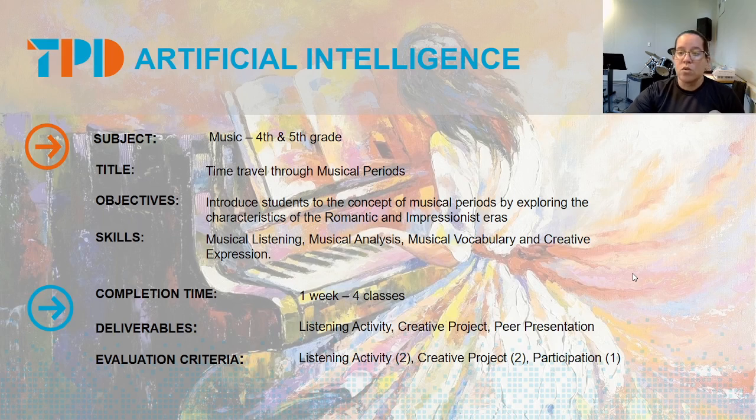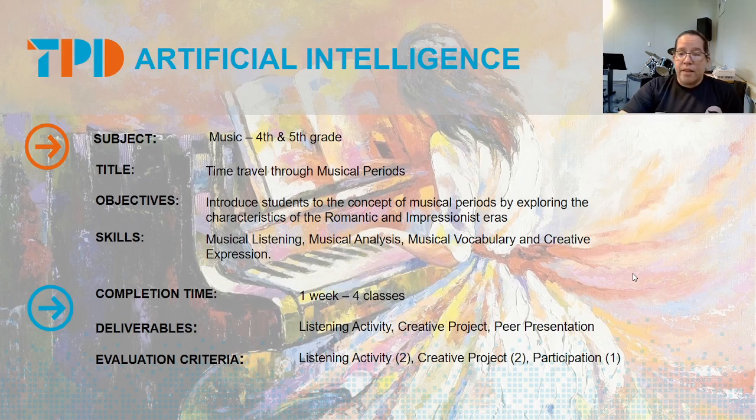The students will also express their understanding of each period by creating activities like movement, drawing, and other kinds of visual art. The completion time can be one week or four classes of 45 minutes each.